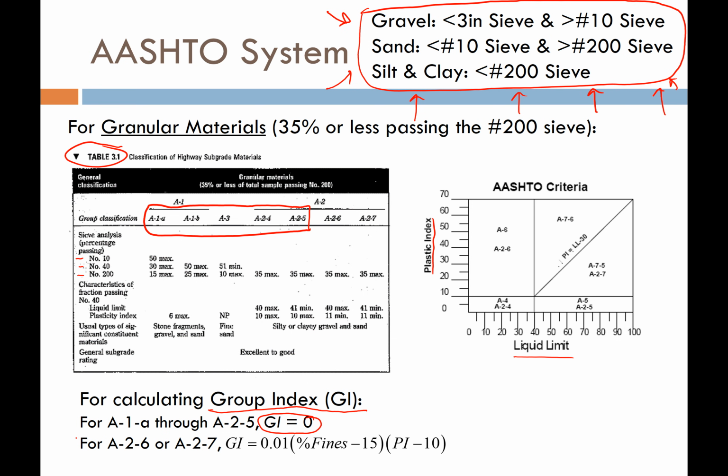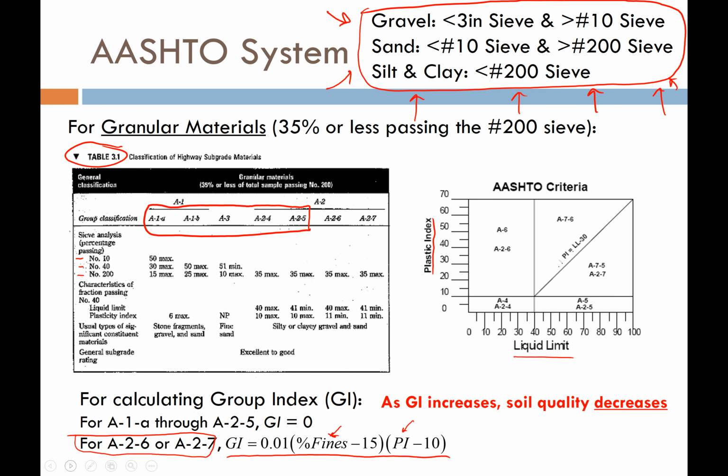If I have an A-2-6 or A-2-7 soil, then I'm going to compute my group index with this equation right here, where this is my percent of material passing the 200 sieve, and this is my plasticity index. So for example, if I have an A-2-6 soil and I compute that the group index is 10, I would simply write it in parentheses like that after the name.